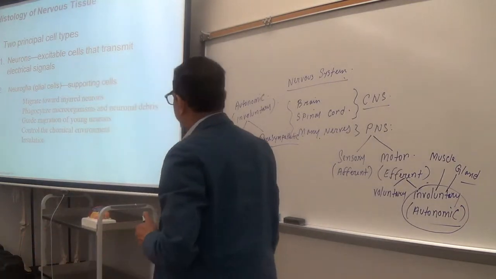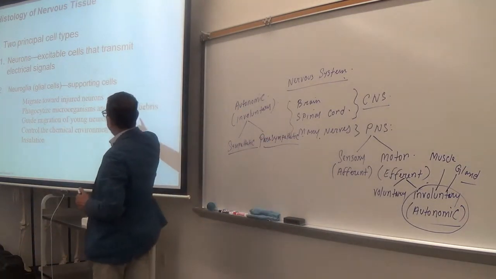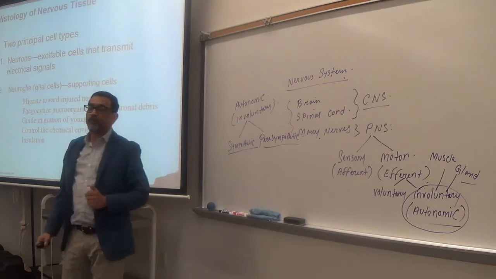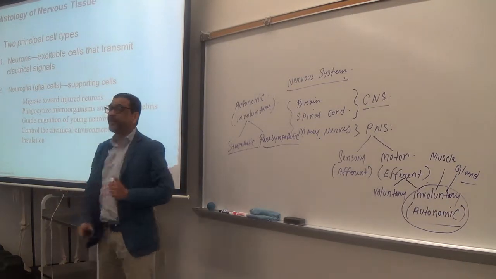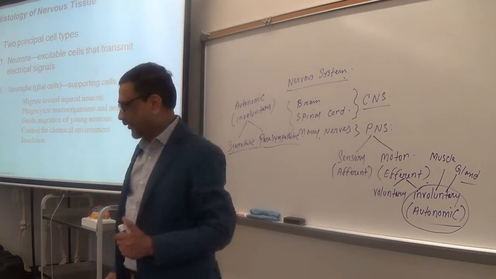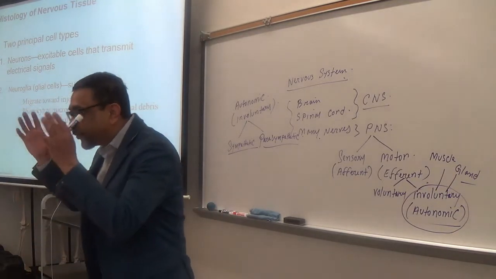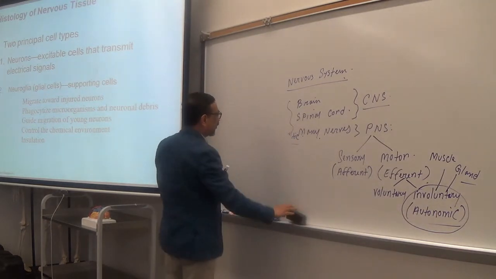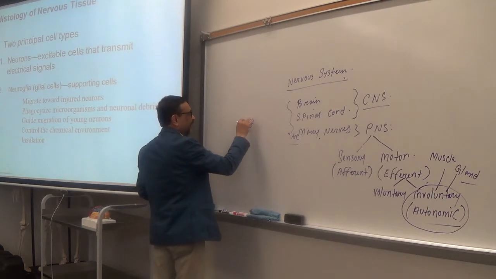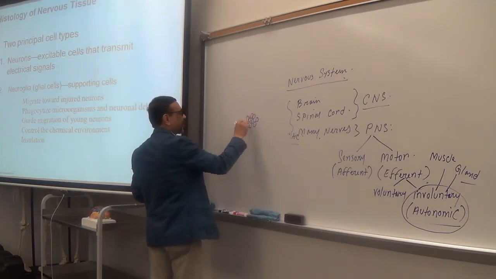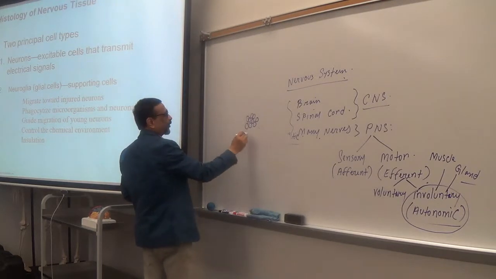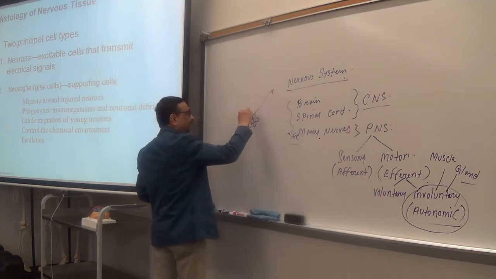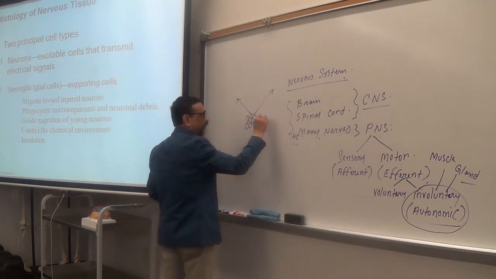Some neuroglial cells, this is one. Some neuroglial cells can guide the migration of young neurons. Now, when your brain is formed, only a small number of neurons. Then they multiply by mitosis, you all know, to form the brain. So, a small number of neurons. Now, neuroglial cells can guide them to different directions.